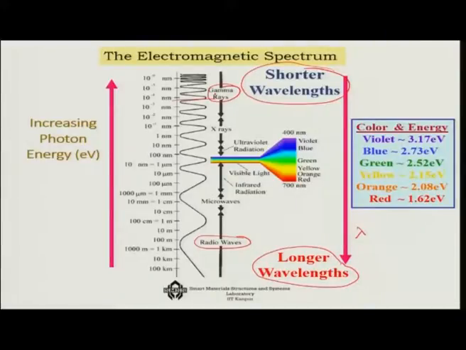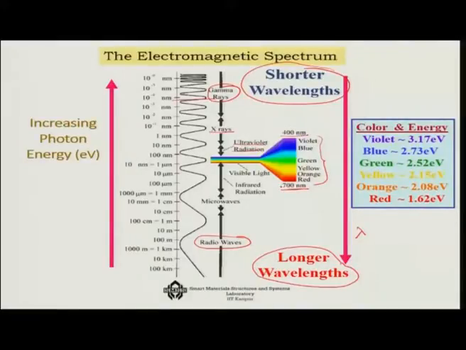Then there are X-rays, and then as the wavelength further increases, somewhere in between you have the ultraviolet radiations, and then the visible part of the light, where our eyes are also very sensitive. It starts from 400 nanometer of wavelength and ends at 700 nanometer.